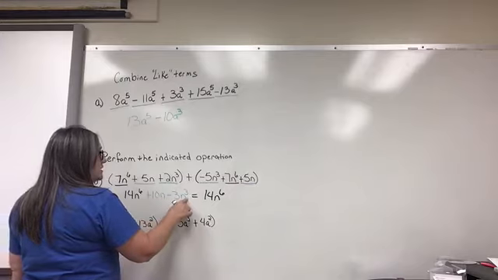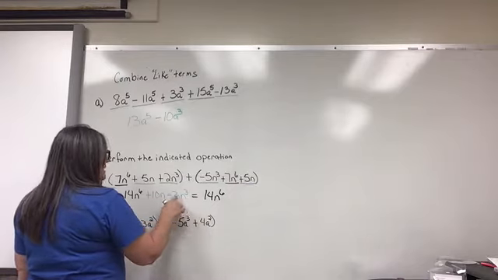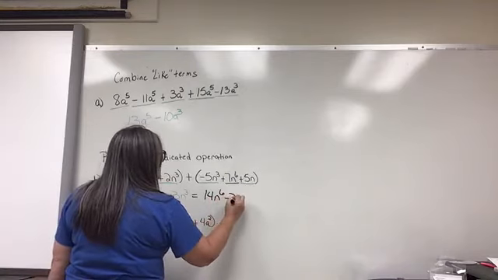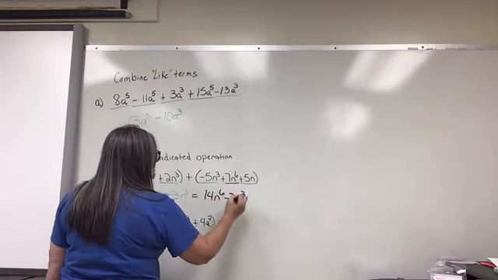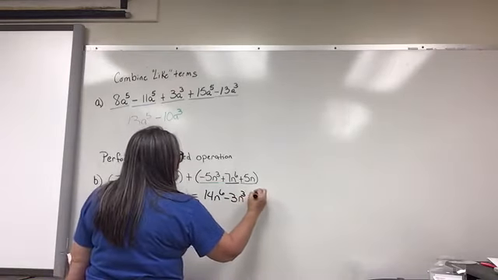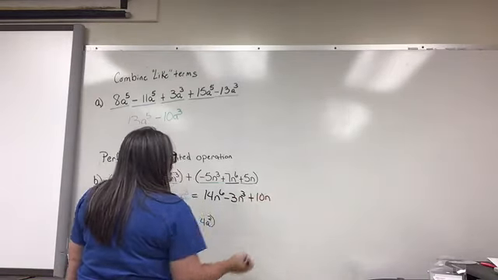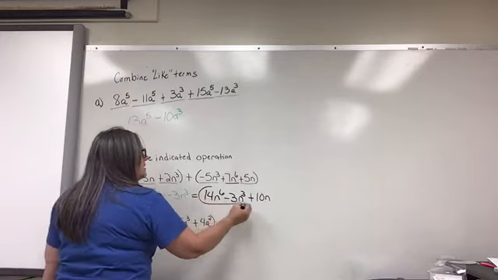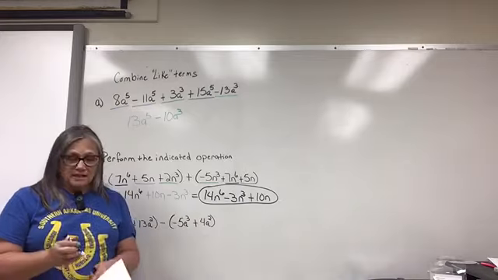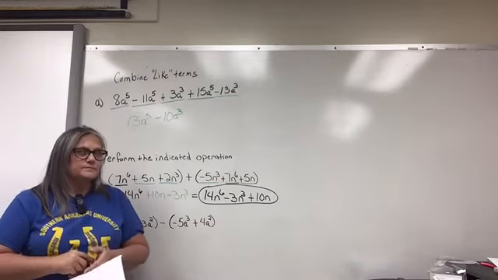My next highest degree would be 3, but remember to keep that sign with it. And then I'm left with a term of 10n. And that would be combining those like terms and performing the given operation and putting that thing in descending order.